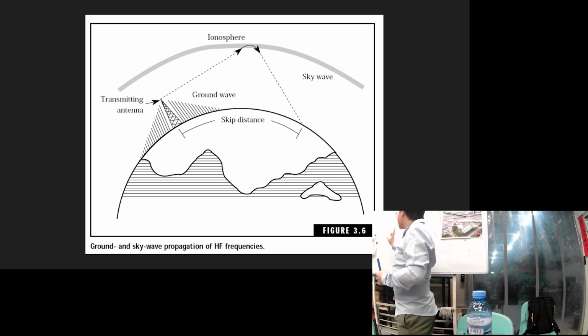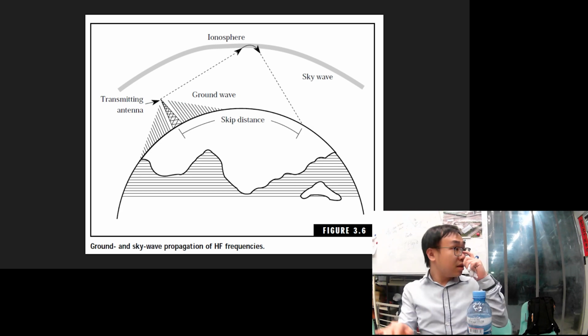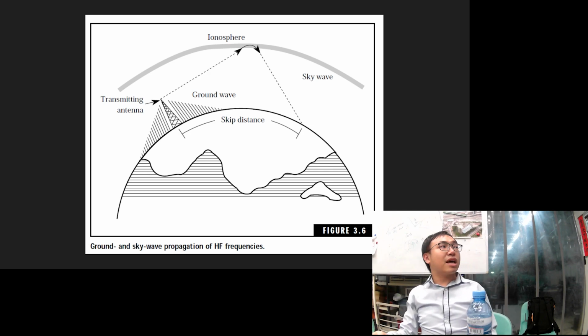That's why between the antenna and where the signal lands, nothing can receive any signal. This is what we call the skip zone or skip distance. The zone is just an area, and the skip distance is the measure between the emission antenna and the closest place where they can receive the signal.